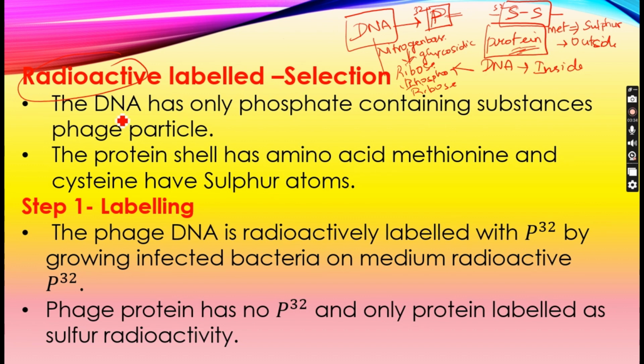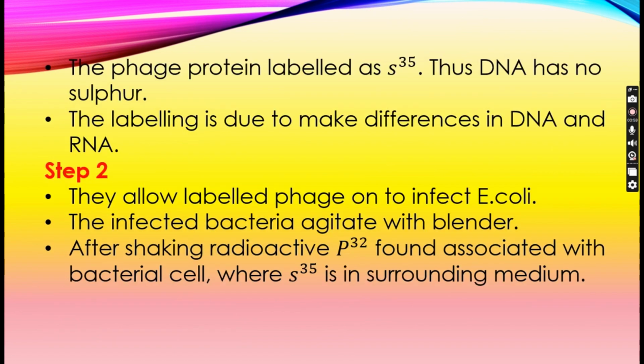So the DNA is going to be labeled with phosphate. As the protein shell has methionine and cysteine, the sulfur is going to be labeled. So a phosphate 32 is not in the protein. Therefore, a phosphate 32 is labeled in DNA and a sulfur 35 is going to be labeled in the protein.